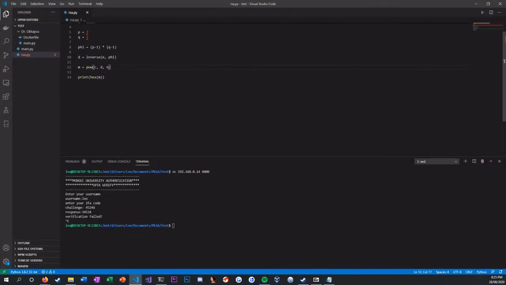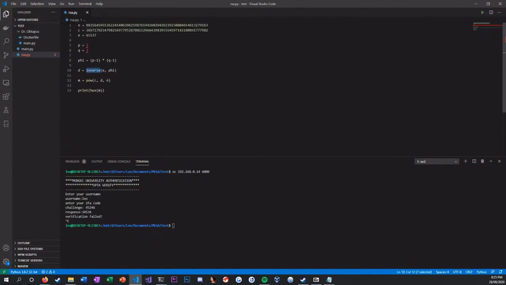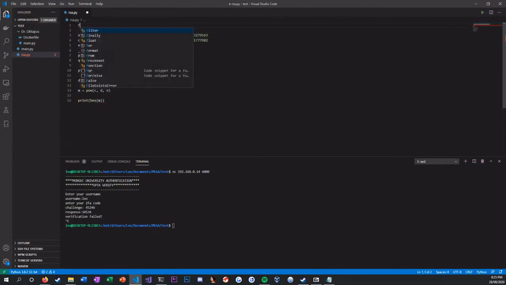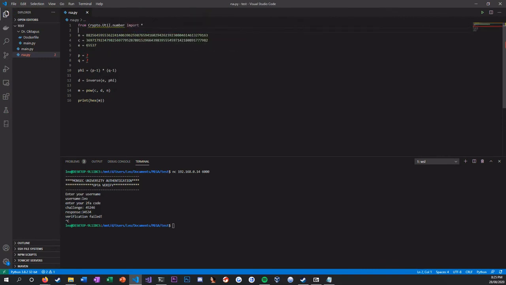And there are plenty of libraries out there that can do the inverse function for you, such as Crypto.Util.number. I think you import this by doing pip install pycrypto or pip install pycryptodome, and it will do this for you. Yeah, I believe that's what the function's called.